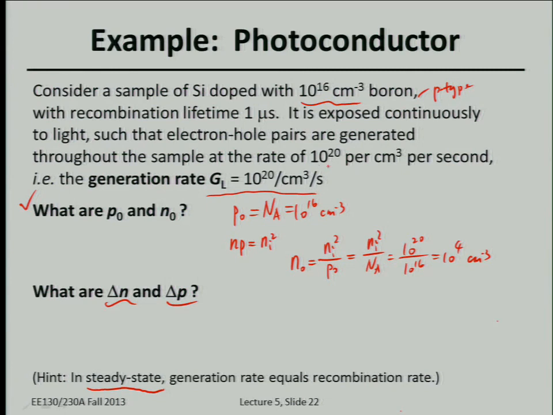Okay, so basically, that's the generation rate, and also given the lifetime of those excess electrons. As we can see, G_L, that's a steady state generation rate, has to be balanced with the recombination rate, okay? The rate for electrons is delta N over delta T, right?